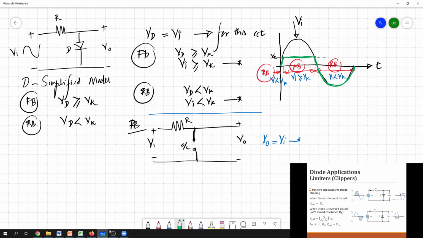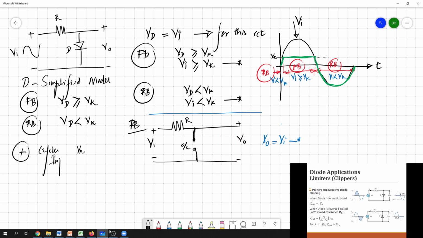So see what happens to the circuit. During this positive cycle, the input voltage is simply clipped at Vk. So you can simply get the output voltage as the knee voltage. It means your input is simply clipped at Vk.